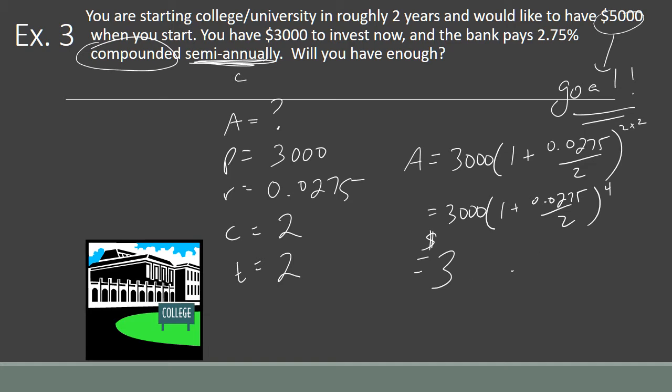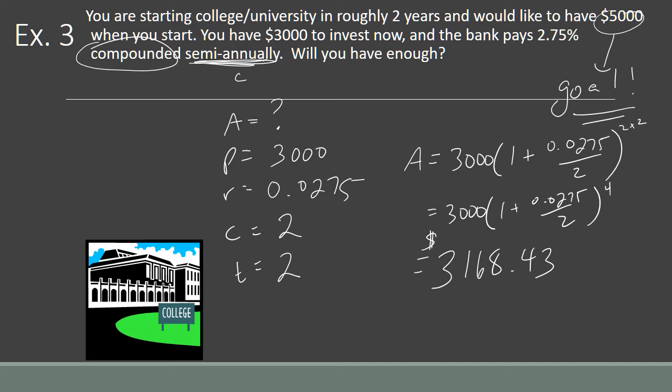Let me double check that calculation again. And if you got something different, then that's good. I'm just going to double check that. So hopefully you get, I think this is better, $3,168.43. So in those 2 years, you made $168.43 for free.